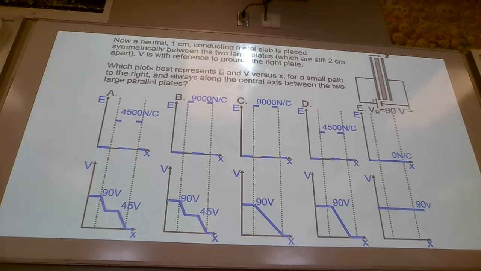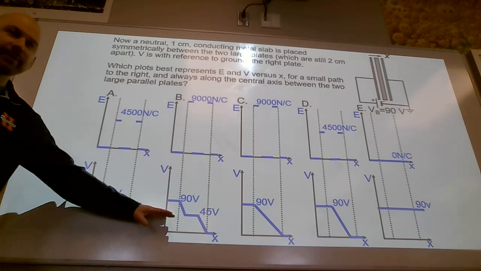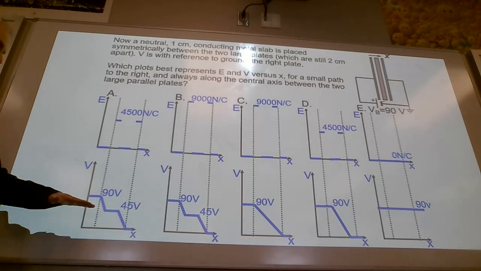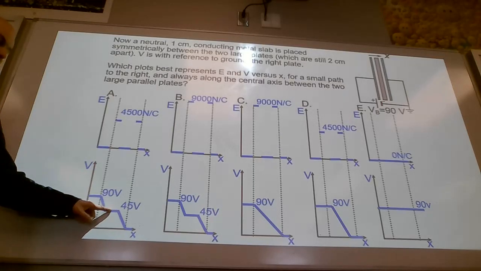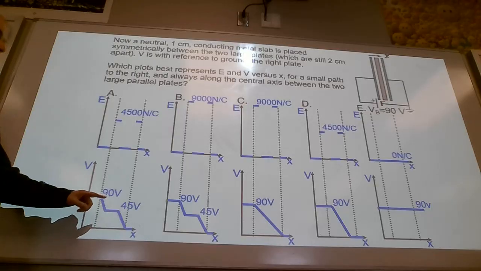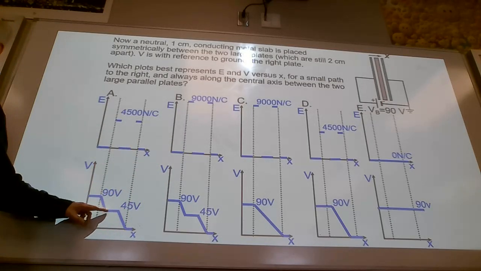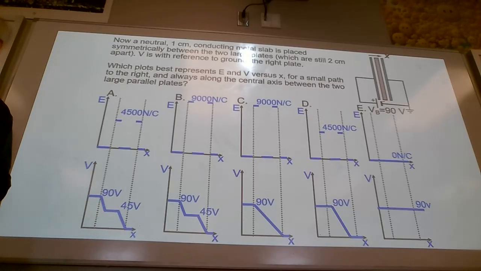Correct answer is... okay, so we're all in agreement with this, right? The electric potential stays constant in the slab, and we're all in agreement that the electric field is zero, so the electric potential is constant.